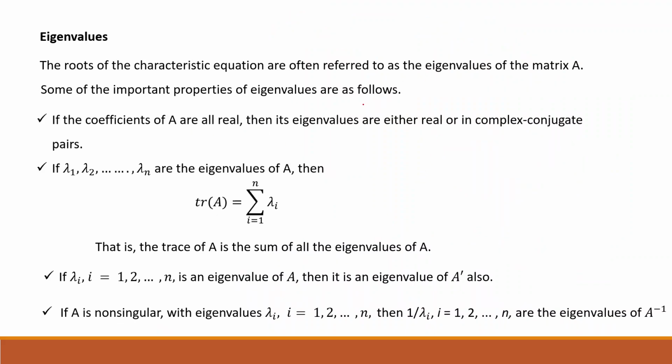So what are basically eigenvalues? Eigenvalues are those values for which the vector transformation, the vector achieves a maximum value.